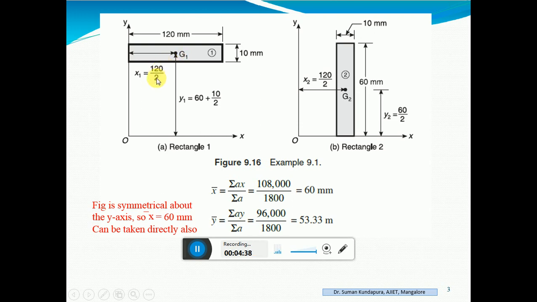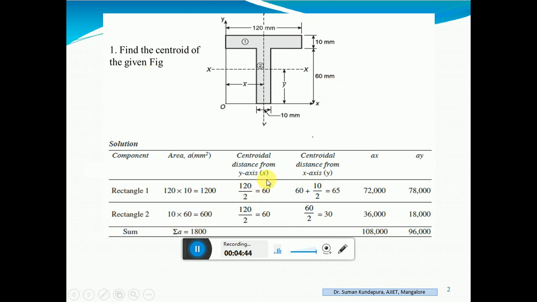The whole is 120 divided by 2, so x1 is 60 mm. Please enter that value here, the centroidal distance from the y axis, that is x. In the main formula, that is x1, x2, x3, I told you in the elemental strip in the previous video. Yes, that is 60.